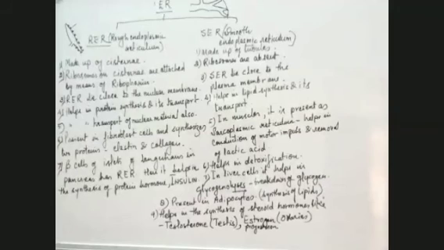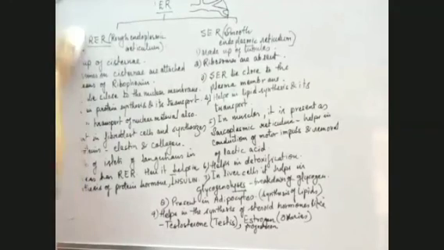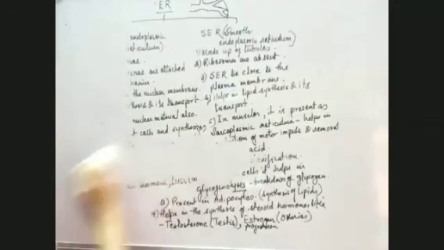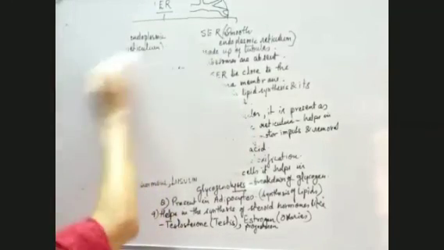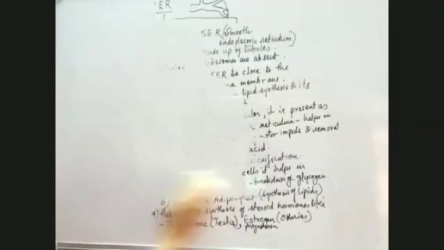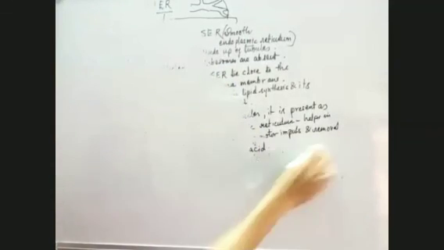Okay, now I'll make a diagram for you so that you understand the location of the three components of endoplasmic reticulum. The diagram is like this.